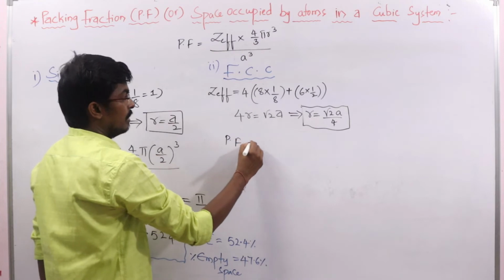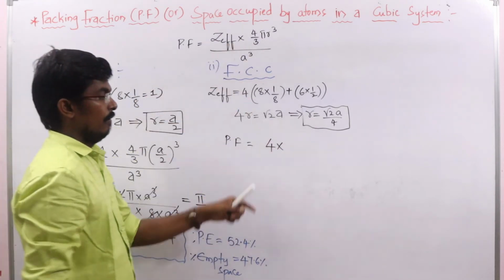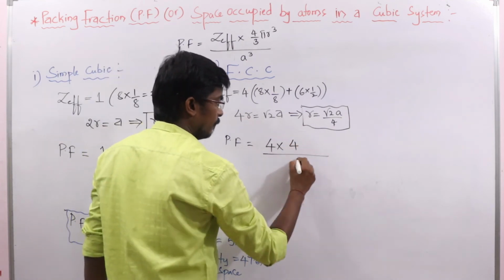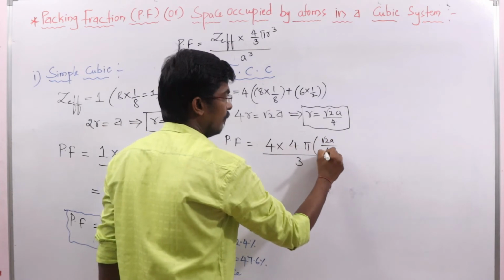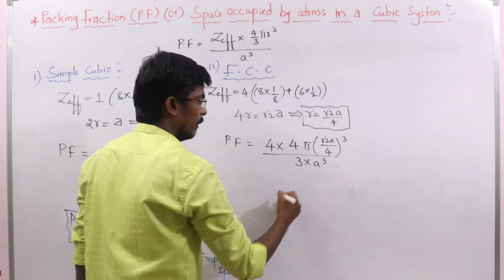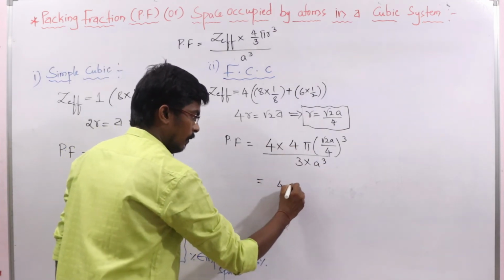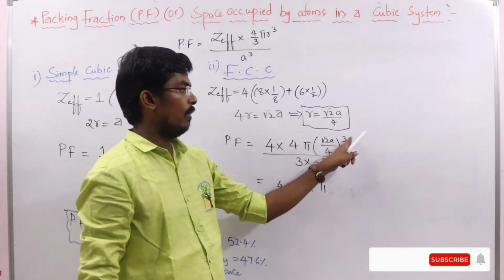So packing fraction is equal to Z effective, which is 4, then 4 by 3 pi r cube, so root 2a by 4 whole cube, and the remaining a cube.